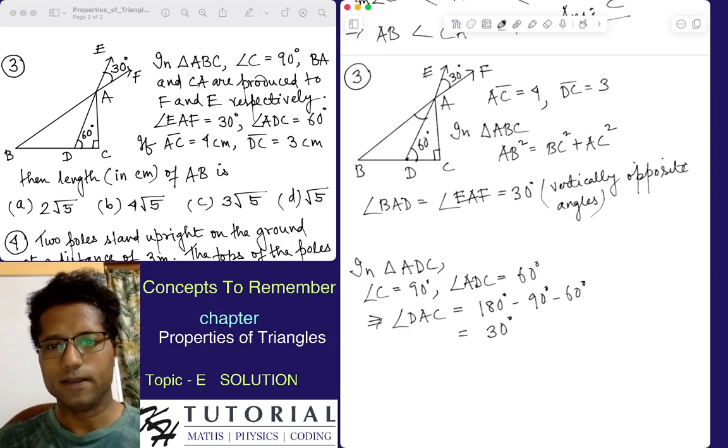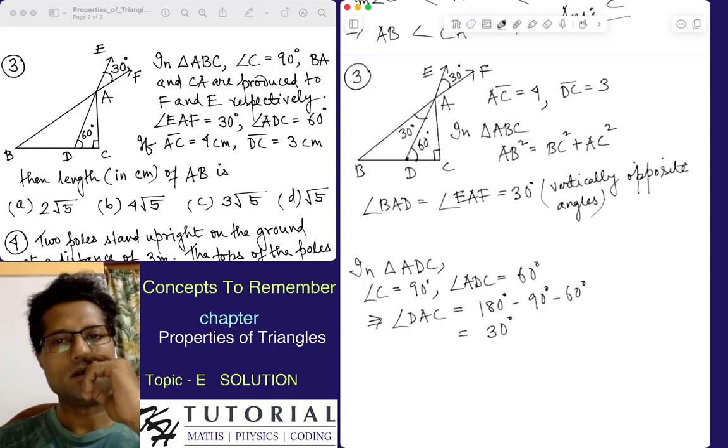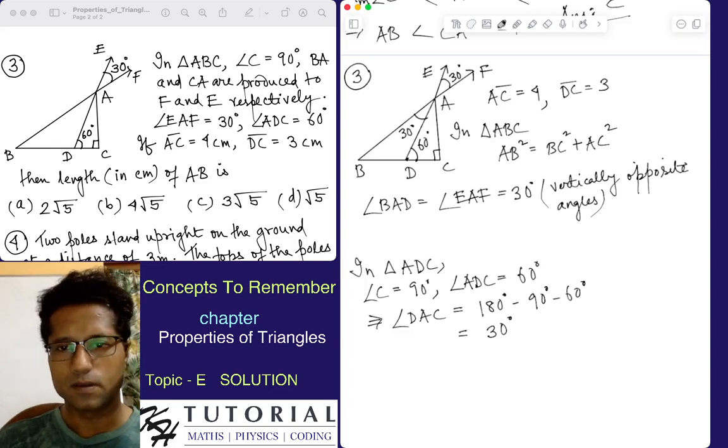So we get angle BAD is 30 degrees. Also, in triangle ADC, C is 90 degrees and angle ADC is 60 degrees, so we get angle DAC is equal to 30 degrees.